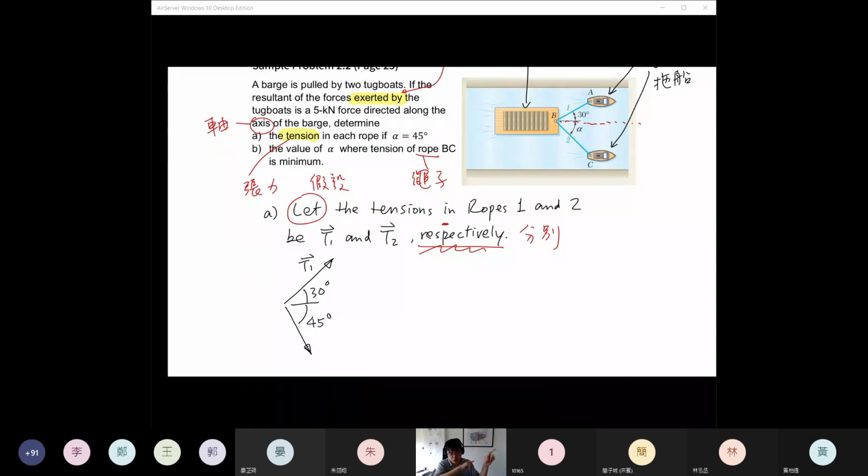So the resultant. You remember what resultant is, right? So the resultant is 5 kilonewtons towards the right. So we have this one. Or should I draw it shorter?